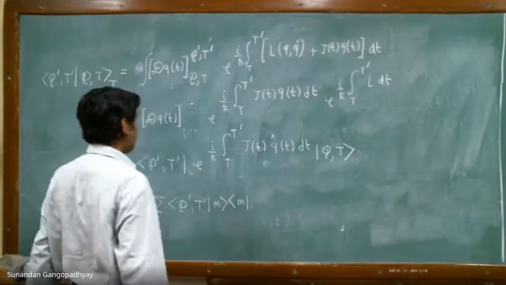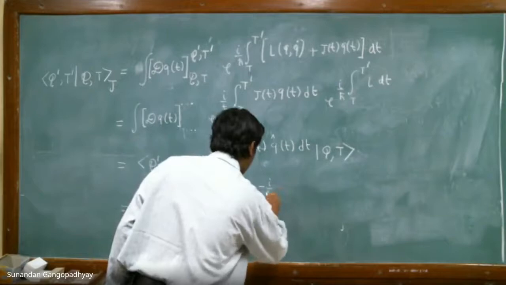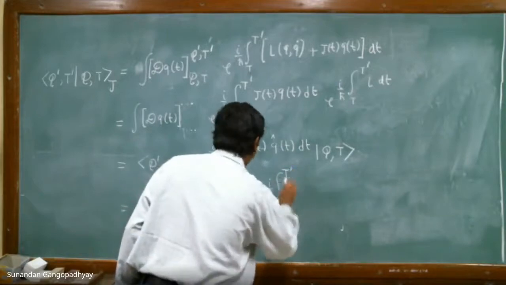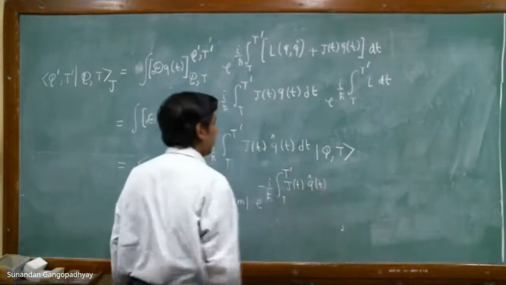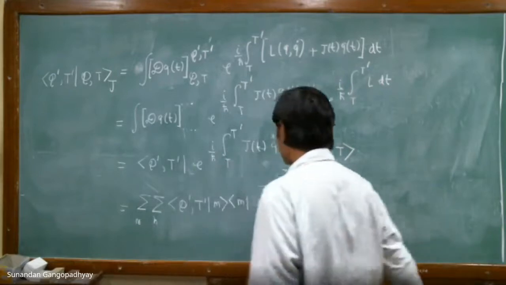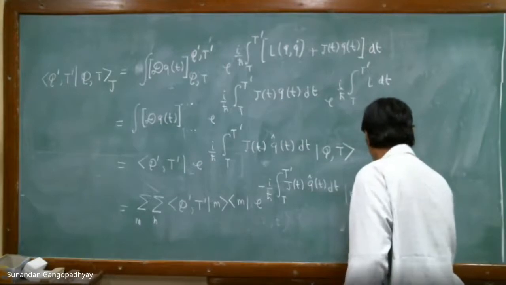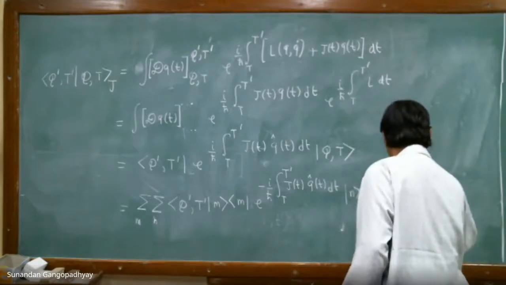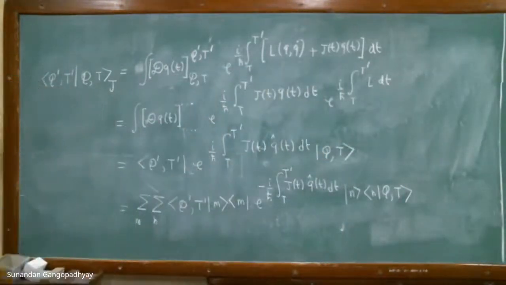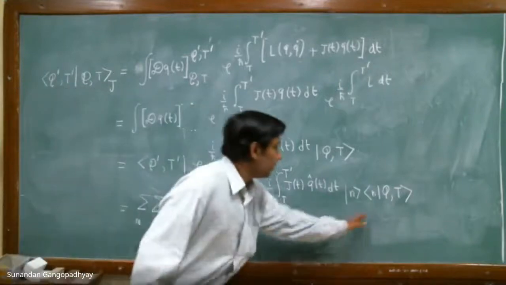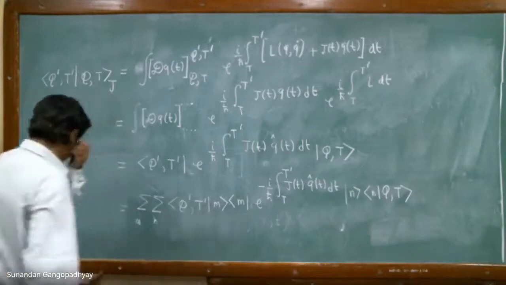So we have this thing, and then we have this operator J(t) Q hat(t), so Q is now an operator, and this is an alternative way of doing the same calculation. So this is what we have, and this is very simple to see.